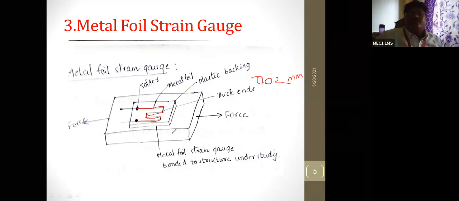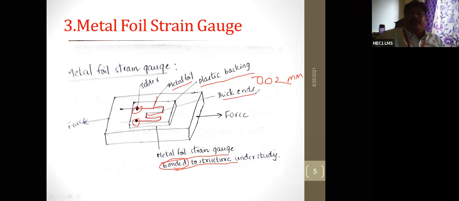Right. So with the same procedure, at this point we have to go for soldering, and this total box is the metal foil strain gauge bonded to the structure or body whose strain has to be measured. This bonding takes place with the help of the adhesive material, this lining material is a plastic backing, and this is a metal foil, right?